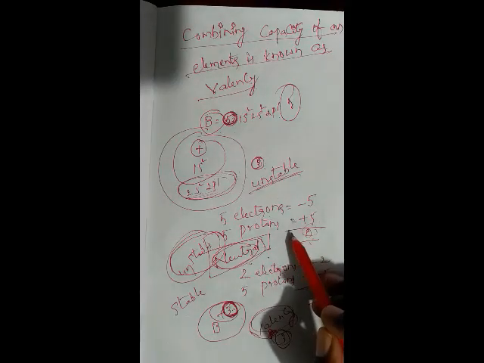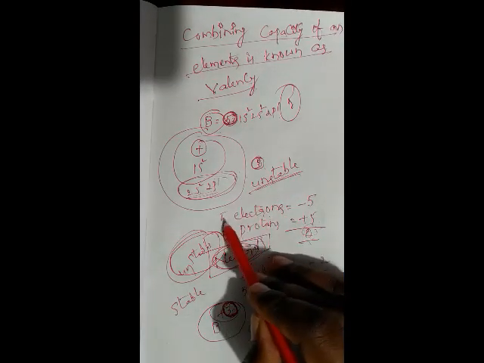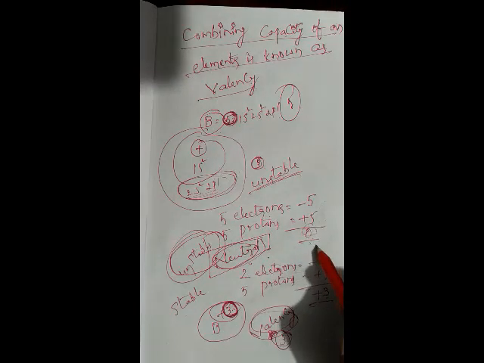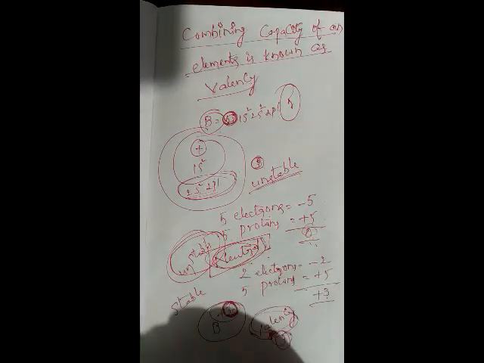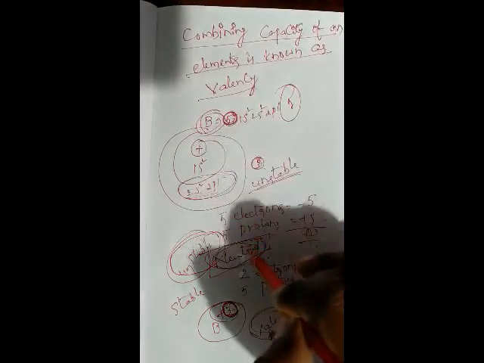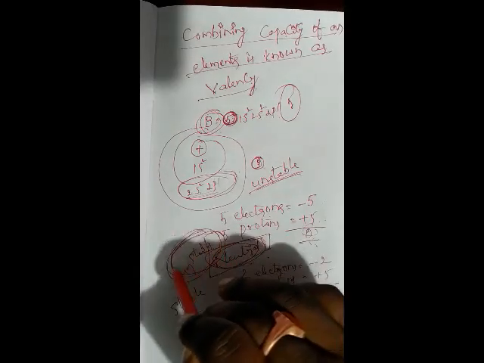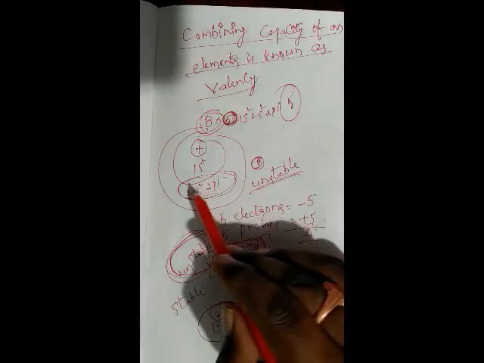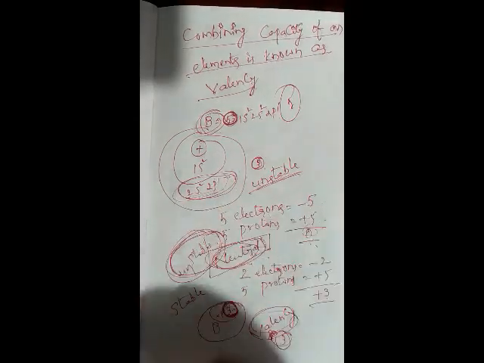So see here, before losing the electrons, boron contains 5 electrons, so minus 5, it contains 5 protons, so plus 5. So total 0. This 0 is known as neutral. So boron is a neutral atom and this neutral atom is unstable. Now it wants to convert into stable. So for converting into stable, this boron loses 3 electrons.